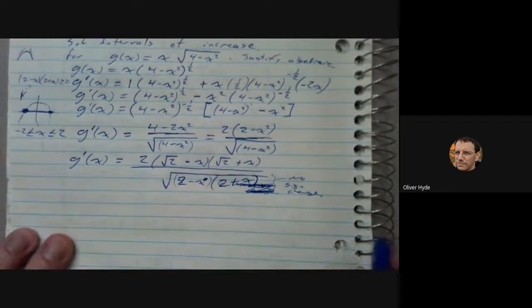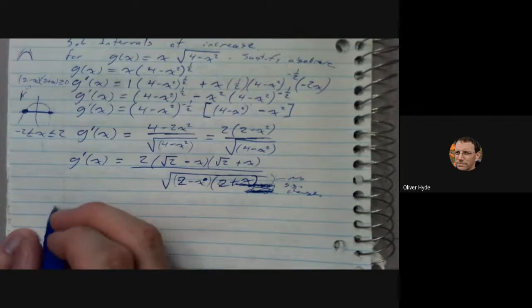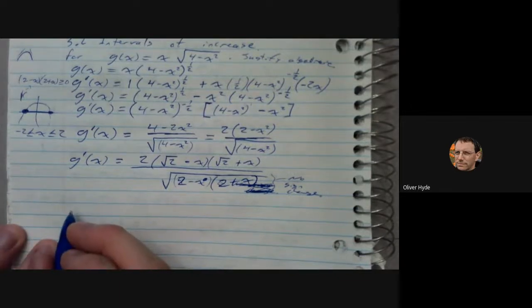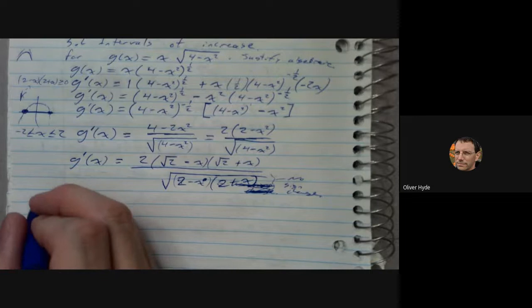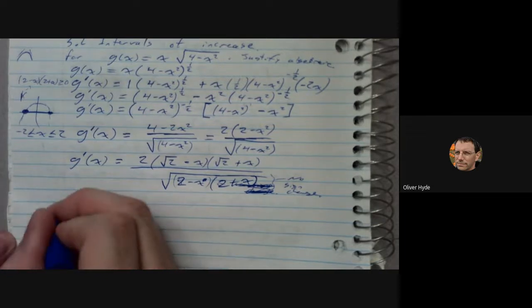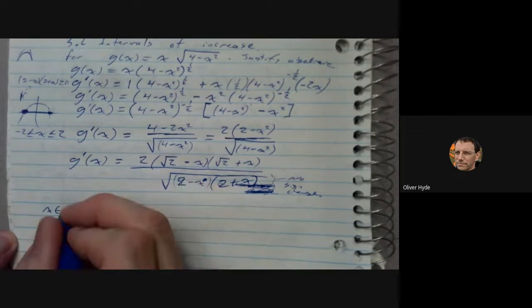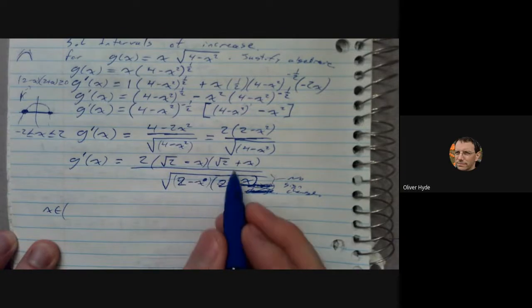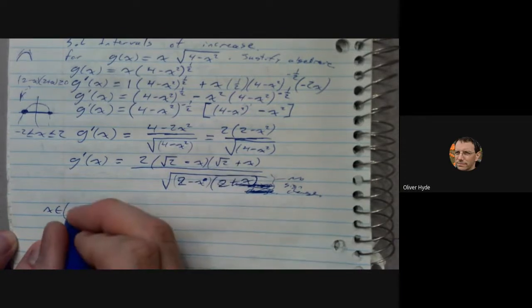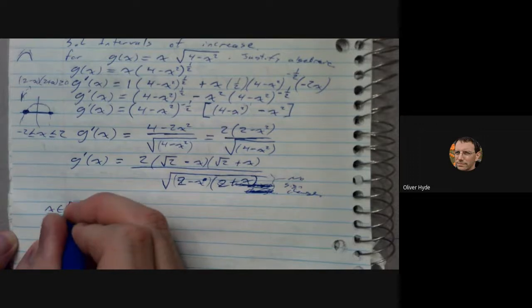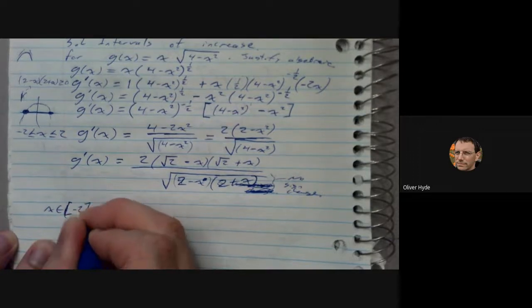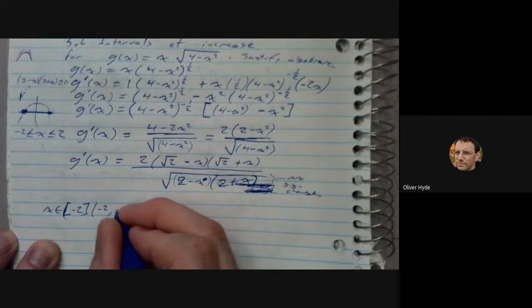Okay, let's see what our factor interval chart ends up looking like. Let's do x as an element of, I've got roots at 2, and square root of 2 is smaller than 2. So let's say from negative 2 up to negative root 2.